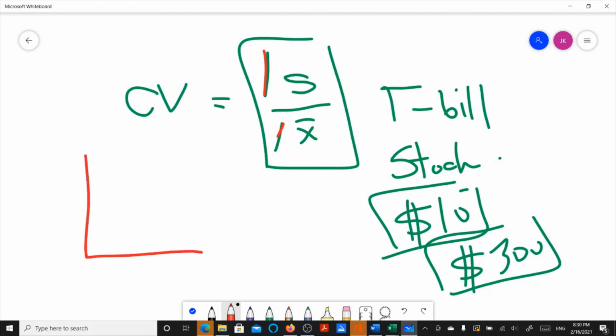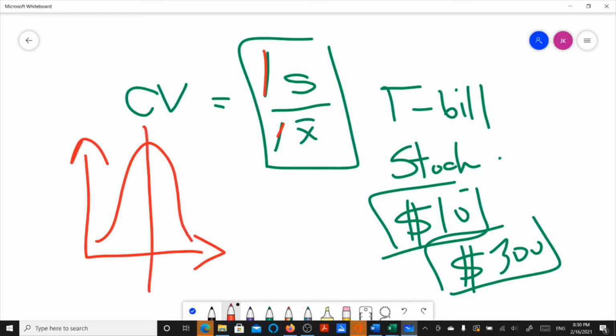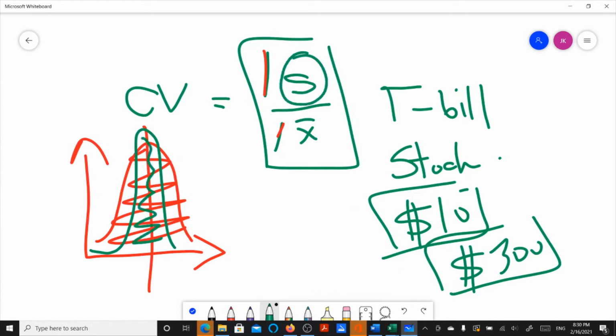Again, how far out are these returns? How much around the mean are these returns? That's what we're measuring with standard deviation, the risk. So we're comparing dispersion across different sets of data.